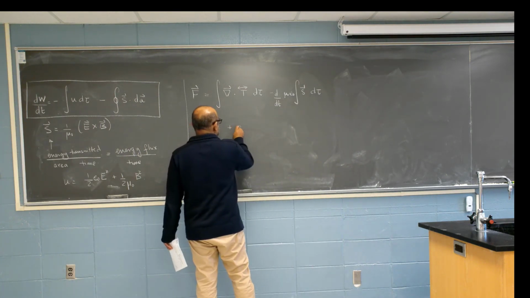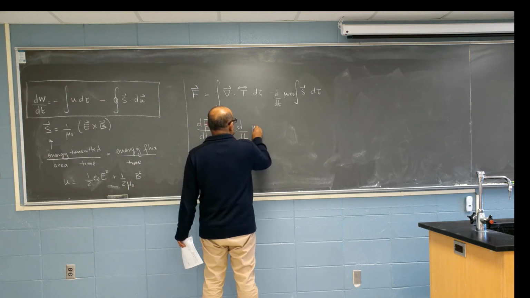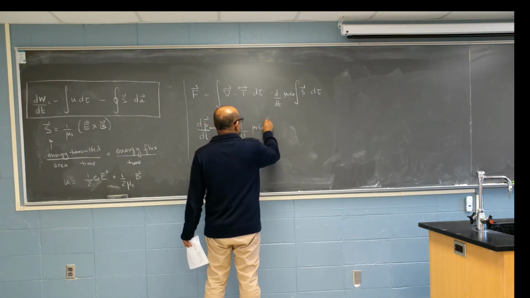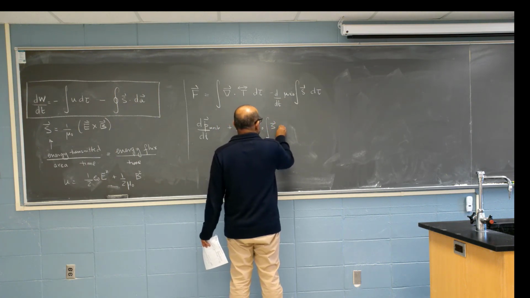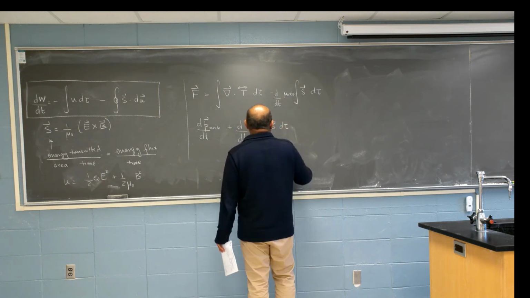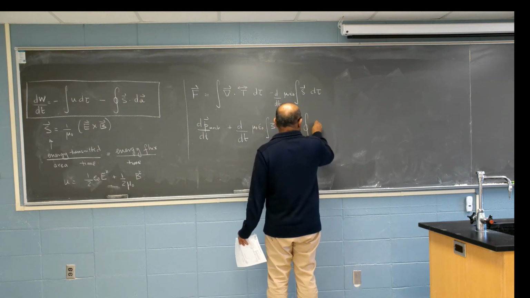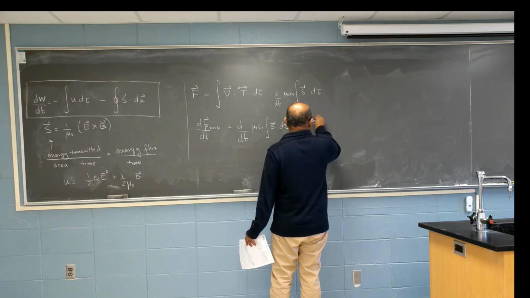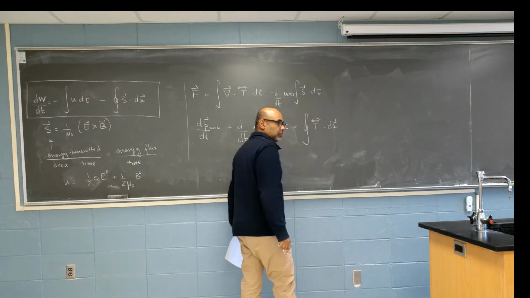Plus d/dt of mu 0 epsilon naught S d tau equals T dot dA.